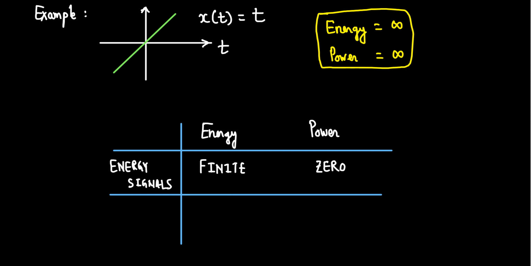In the second case, we have seen that the energy is infinite but the power is finite. Such signals are called power signals.